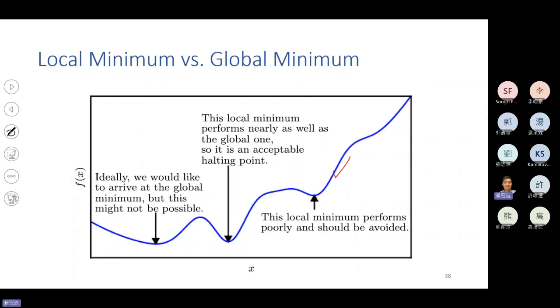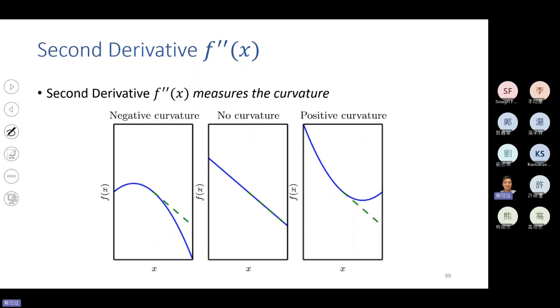You can go down this way, but it's very easy to get stuck at this point, because at this point it's hard to get lower, and the derivative is almost 0, so it's very difficult to improve further. However, we need to find a way to get out of this hole and continue to find a better minima. So that's why we proposed different kinds of optimization algorithms.